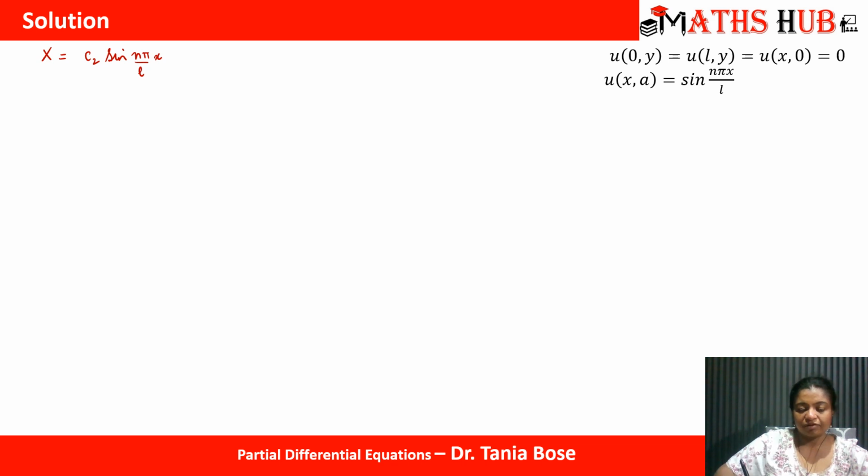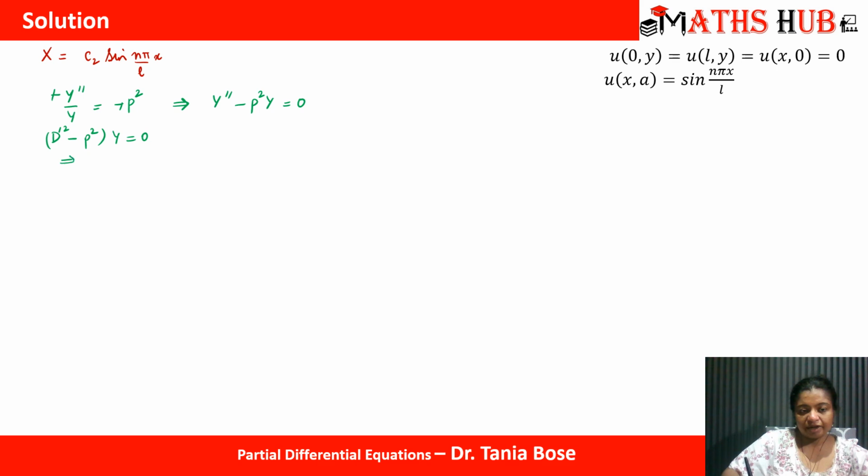And now let us solve for y. So for y, the equation was minus y double dash by y is equal to minus p square. So you can clearly see that negative sign will get cancelled from both ends. And we will get our equation as y double dash minus p square into y is equal to 0. So we will have D dash square minus p square into y is equal to 0.